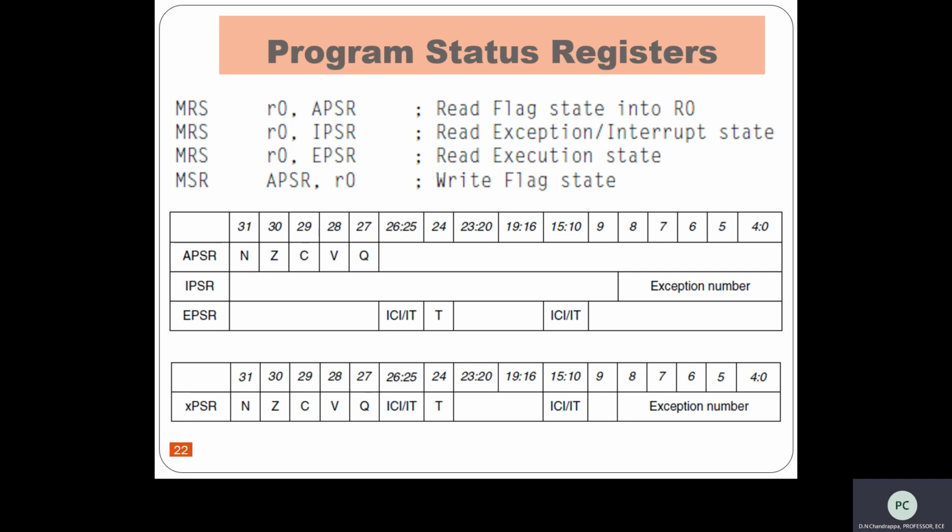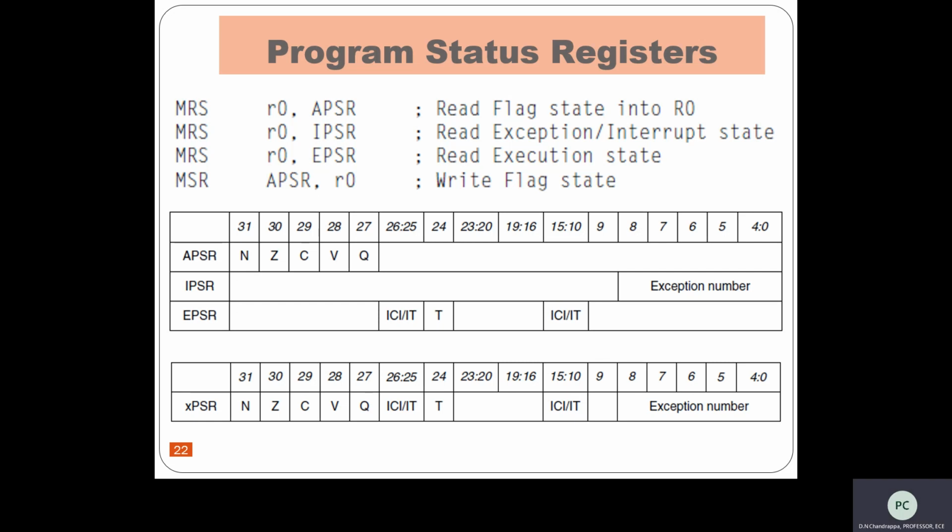In any program, in the application program status register, if you want to write a program, I want to know the status of the program by using these status registers. The set and reset operations of these status bits are decided based on the working principles of the programs. Okay.